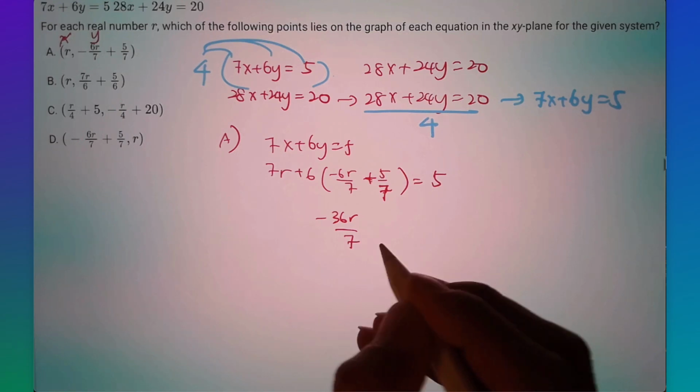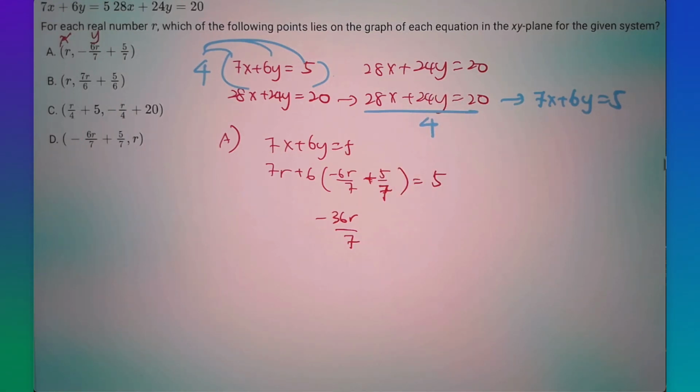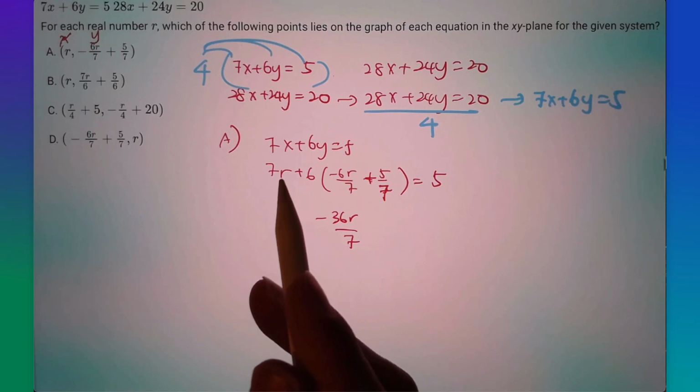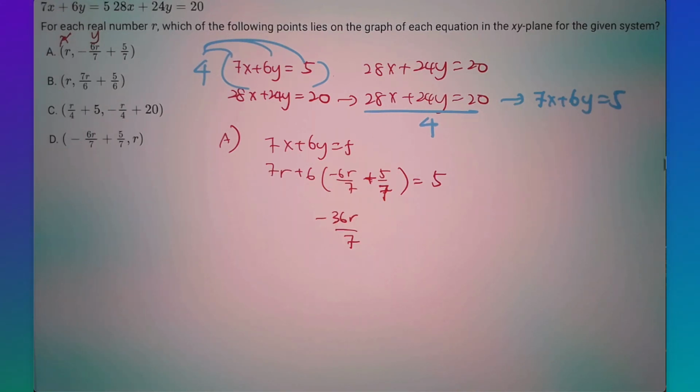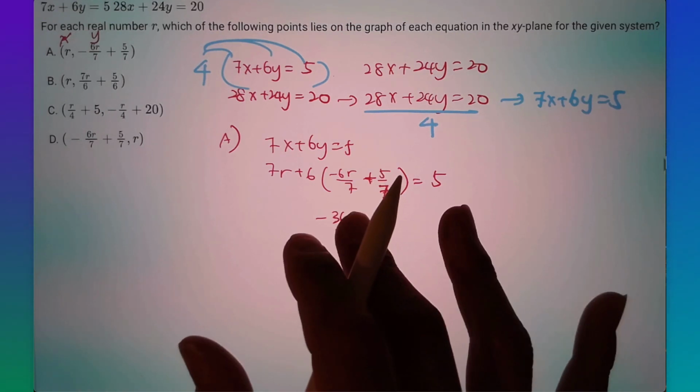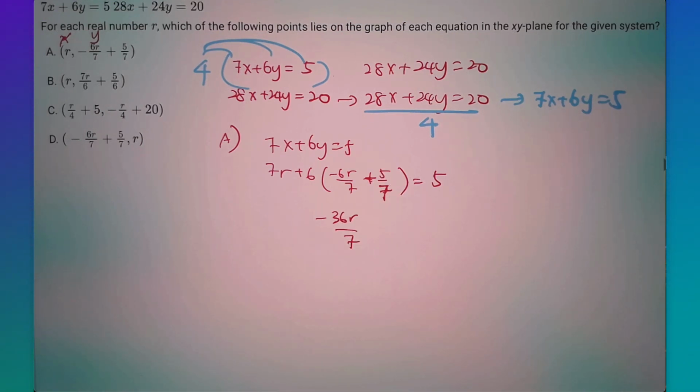Okay, so when you multiply this, I'm not gonna go further, and do you know why? If these two systems of equations are the same, we really expect the r expressions to cancel out, and then we should expect the numbers on the left side and right side after simplification to be equal.